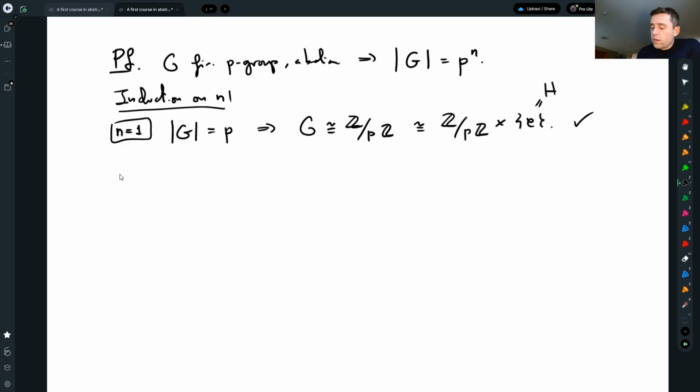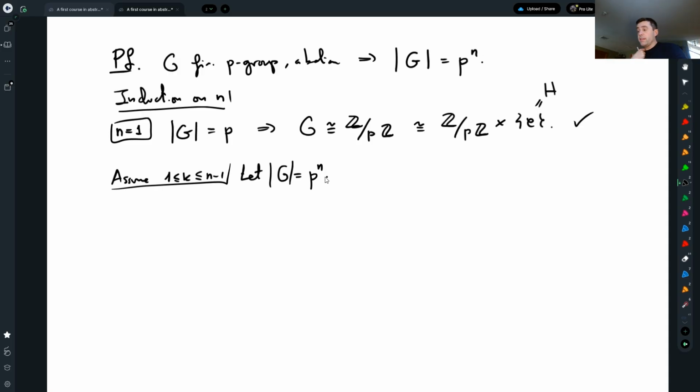So now let's assume for our induction hypothesis that the statement is true up to N minus 1, and let G be of order P to the N as in the statement, and take g in G of maximal order.